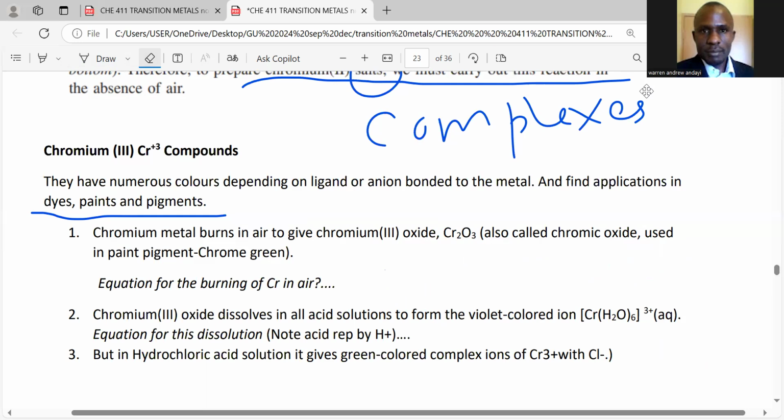Chromium burns in air. When you burn it in air, it will give you chromium 3 oxide, or chromic oxide, which is used for making the pigment chrome green. Again, I'll expect you to do the equation.